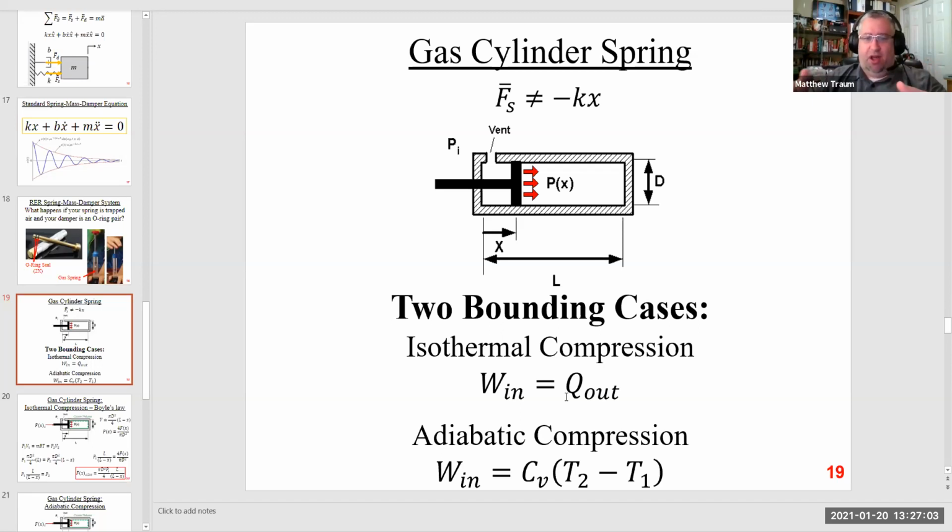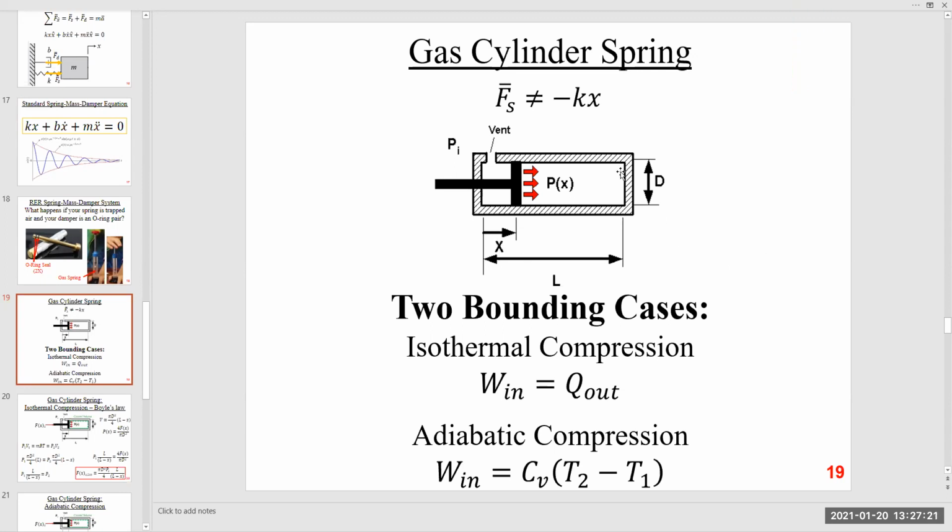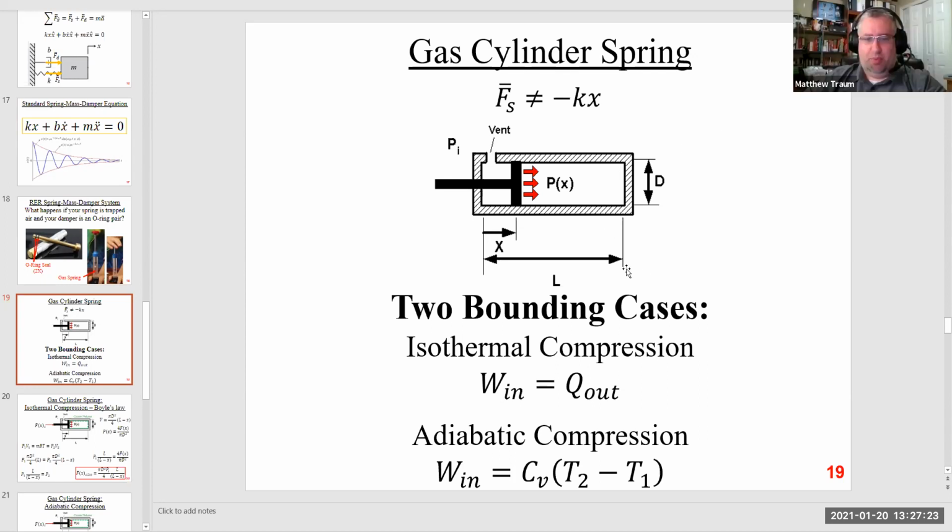So I'm going to solve everything as if I'm compressing, but then all I have to do is set the boundary conditions so that the gas starts out compressed, and all the equations will still give me the right answer, even if the system is operating in reverse from the way I'm describing it here. I just think it makes more sense to talk about a compression rather than an expansion when we're talking about a gas cylinder spring. So that's the way I set it up.